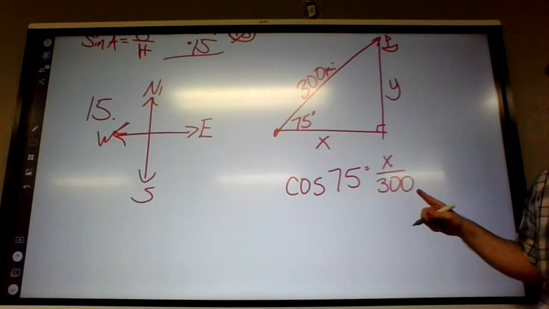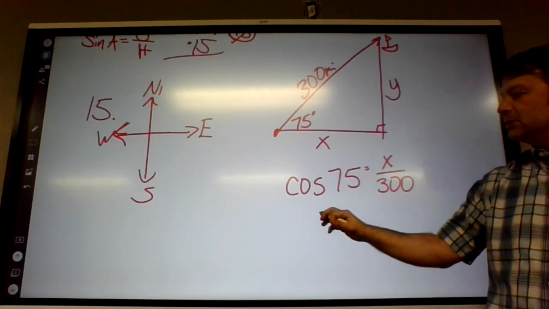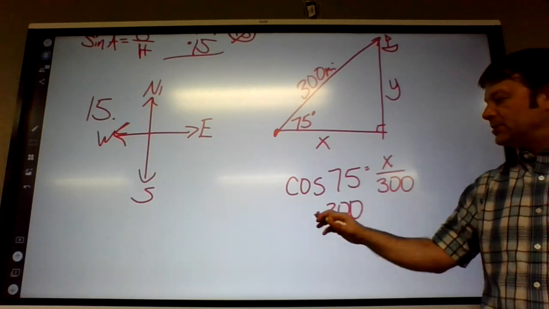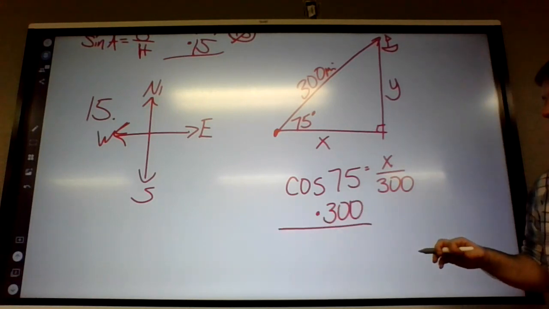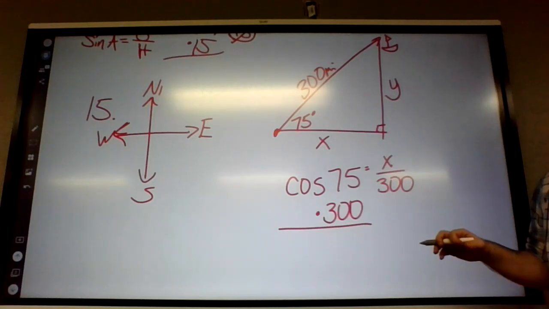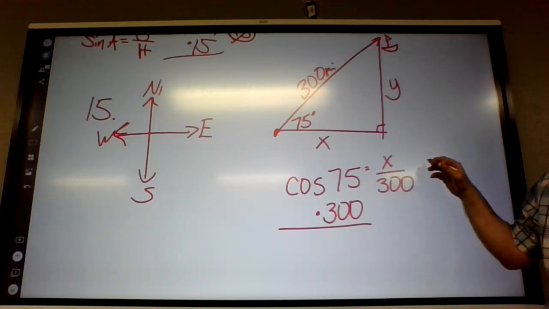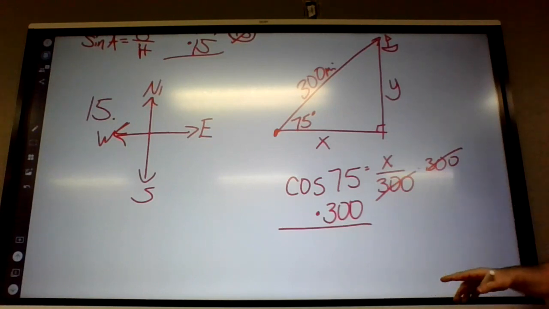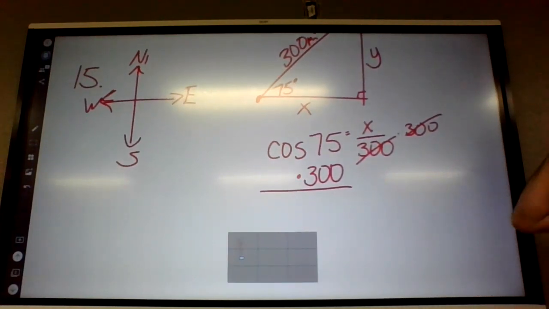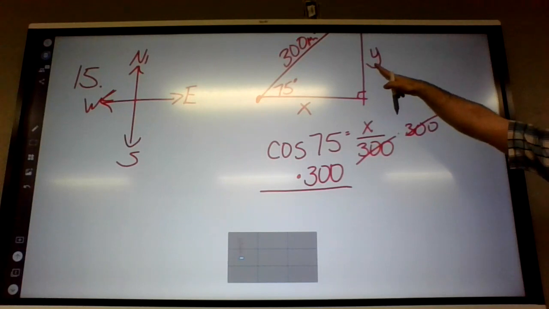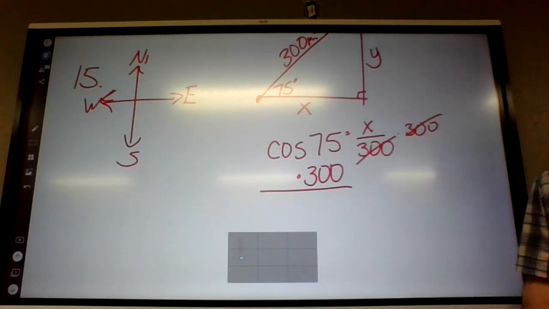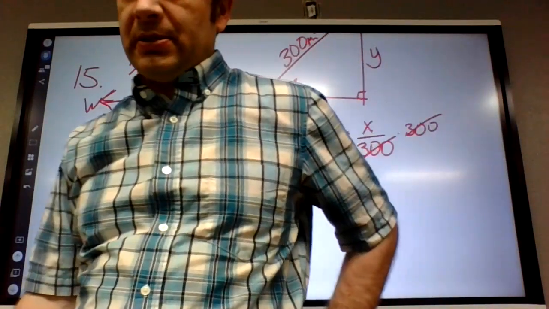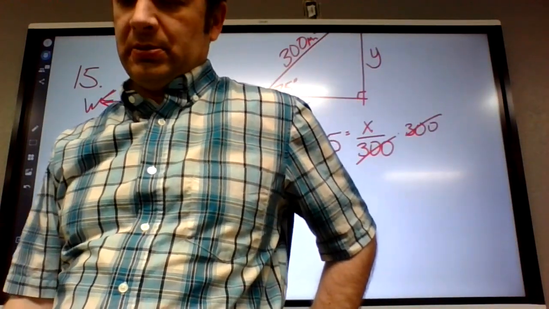What am I going to plug in the calculator? Times 300, right. Did anybody plug that in yet? We're supposed to be rounding to the ones place. What'd you get? Did you get a minus?